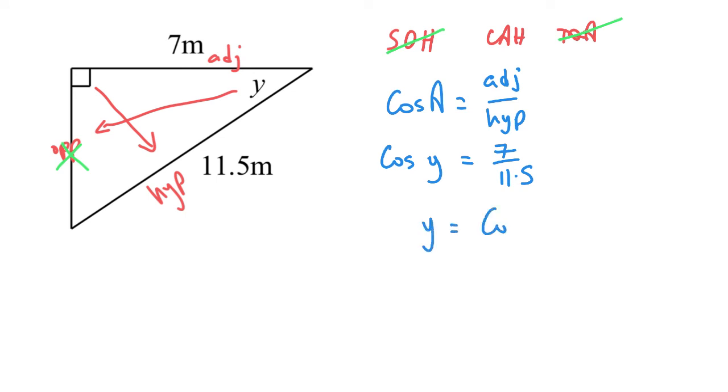So we do cos to the minus 1 of 7 over 11.5. And putting that into our calculator, we do shift or second function of cos. Cos to the minus 1 should appear. And then we do 7 over 11.5, and we get an answer of 52.50 degrees to 2 decimal places.